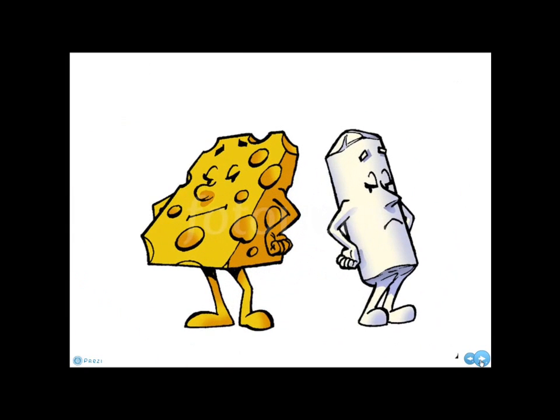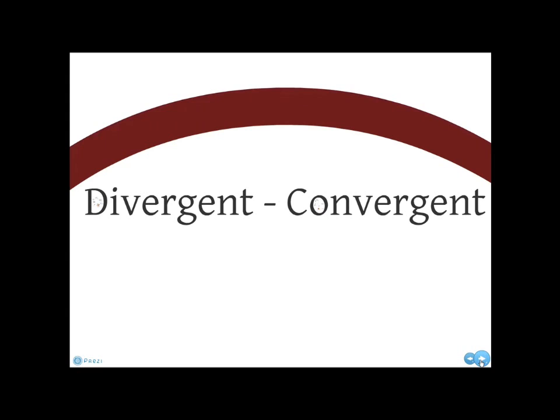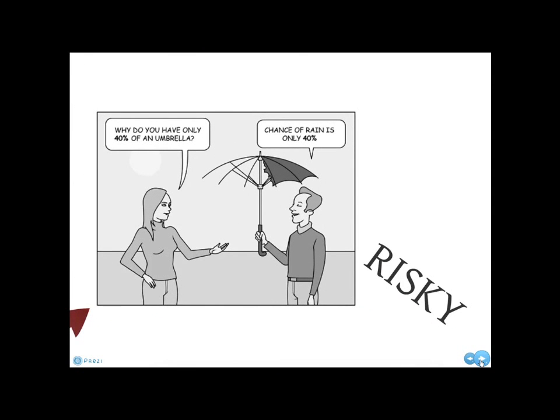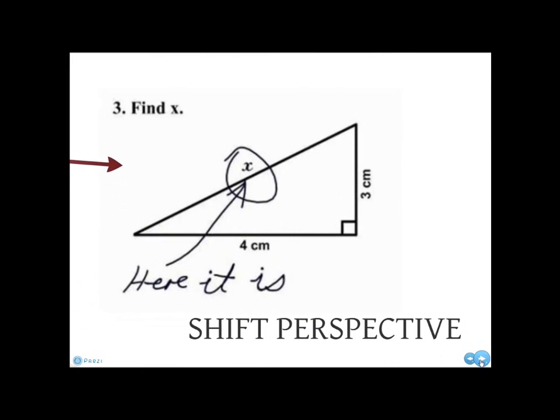To really understand divergent thinking, it's quite useful to look at its opposite. And the opposite of divergent thinking is convergent thinking. So let's look a little bit closer at both of those for a second. Divergent thinking, or divergent strategies, tend to be viewed as quite risky. They tend to focus on shifting perspectives, so looking at things from different angles.